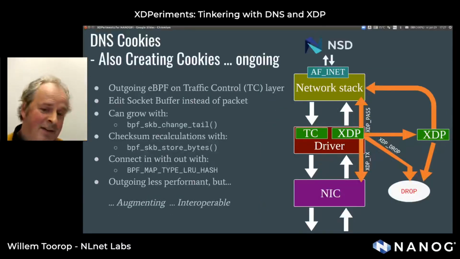But it's not as fast as XDP, of course, but much more flexible. So in this way, the cookie mechanism could be added to DNS services that do not know about cookies or do not have it. For cookies, this is especially interesting because the first implementation had different software vendors who implemented it differently and were not compatible. So in this way, you would also have a uniform DNS cookie implementation.